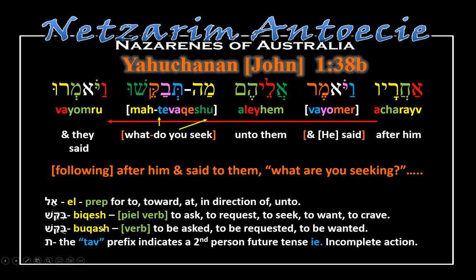It's sort of like the kibbutz is telling us it's a completed action again. Right, and I've also added down the bottom the tav. The tav prefix indicates second person future tense, therefore an incomplete action, just as I said before.